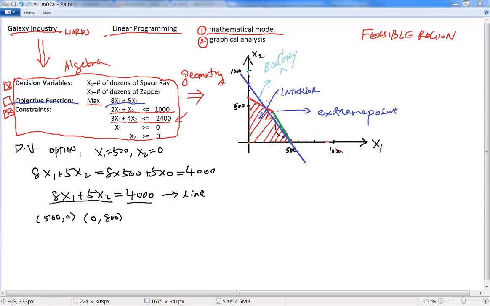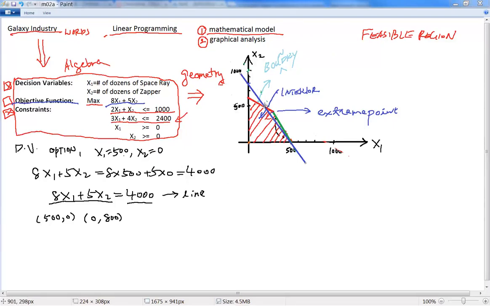So now this line is providing the answer to the question I asked earlier. Are there any other production plans that can also produce $4,000 in profit? And the answer is all those production plans that are represented in this segment from here to here. There are actually an infinite number of production mixtures that can produce $4,000 in profit.